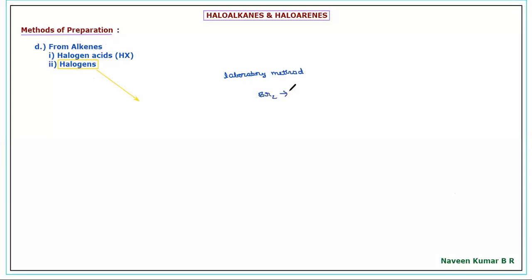The discharge of the reddish brown color of the bromine is an indication of the presence of a double bond. If the reddish brown color of the bromine is discharged, it confirms the presence of a double bond.